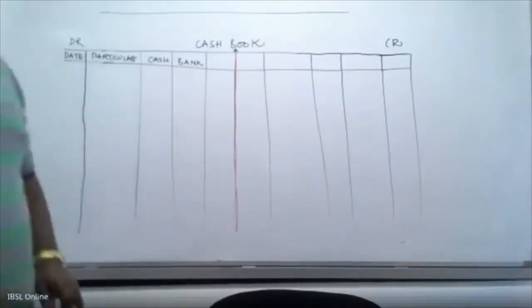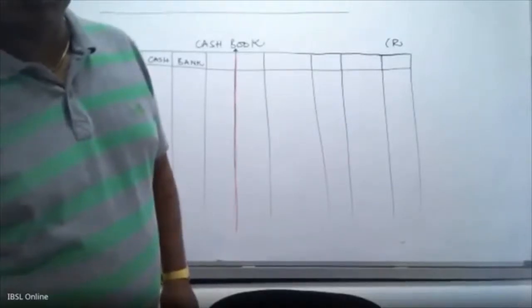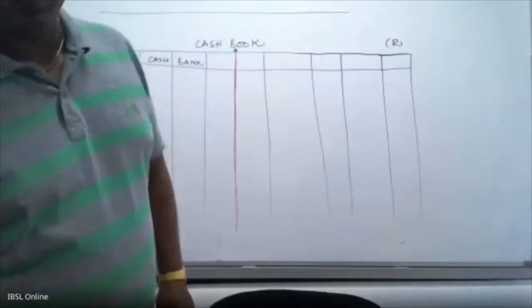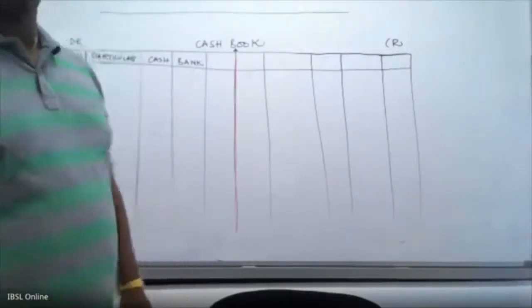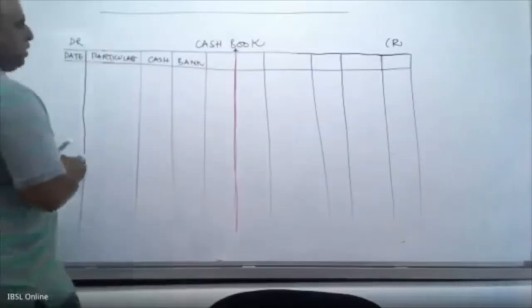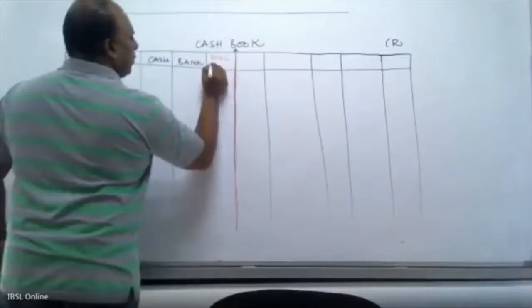And you will also see there is a column here called discount allowed.